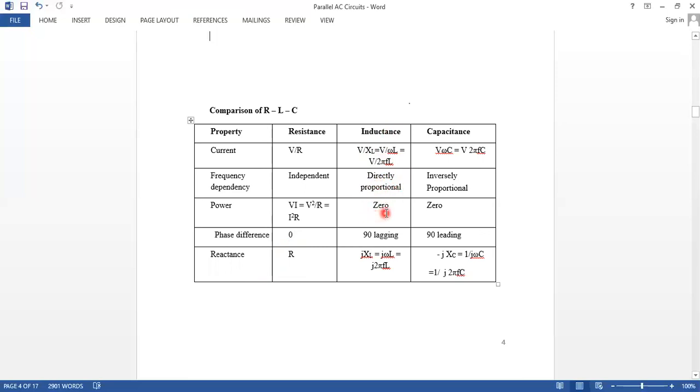The average power is 0, the phase difference between V and I is 90 degrees, with the current lagging, and the reactance is inductive reactance with plus J.